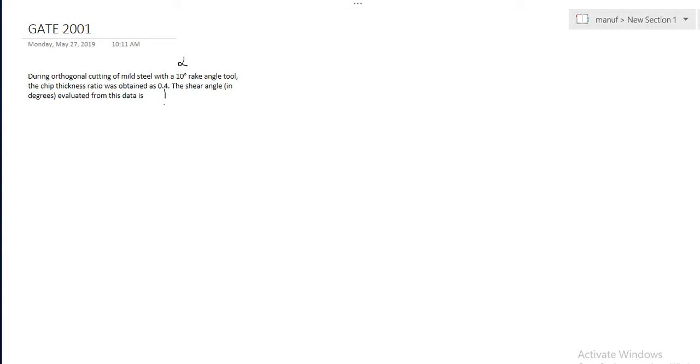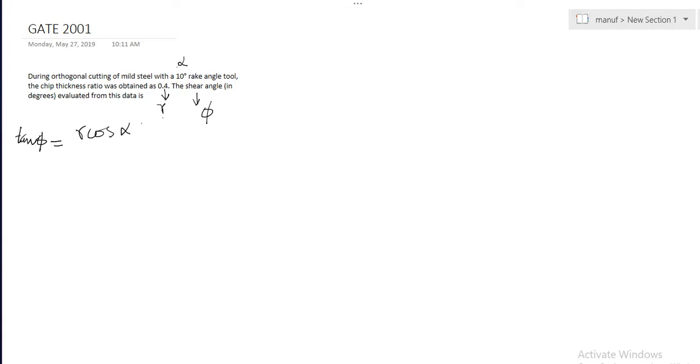Here we have three parameters: alpha, r and phi. We know the formula that denotes the relation between these three terms. So we can write tan phi equal to r cos alpha on 1 minus r sin alpha.